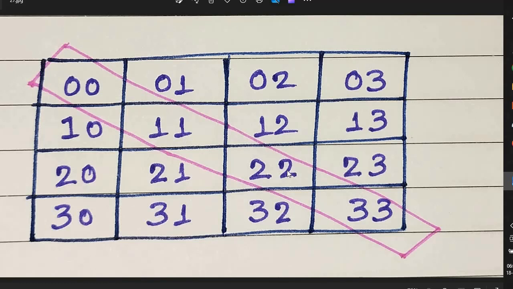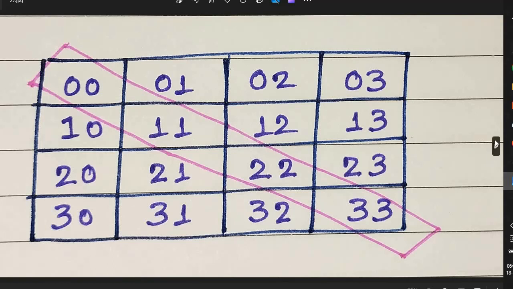Here you can see for the first diagonal, the row value and column value are both the same: 0, 0, 1, 1. The first is for the row and the second is for the column, and so on. The index values for row and column are the same.